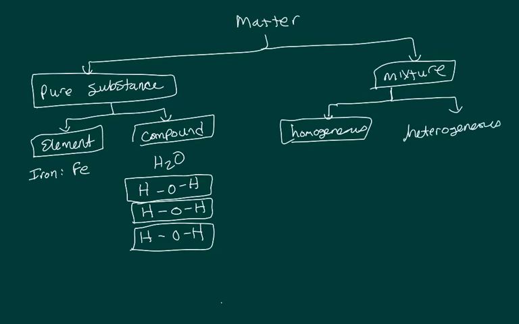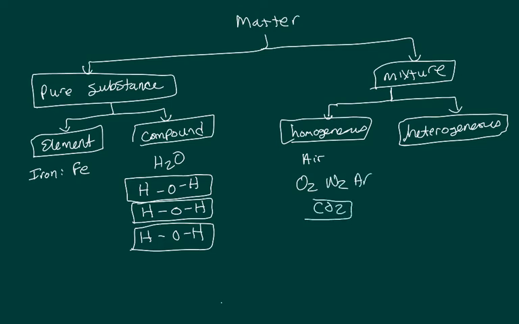Homogeneous mixtures are the same throughout, which means that, for example, in air, we have a combination of different compounds and elements. So we could have oxygen, nitrogen, argon, carbon dioxide. As you can see, each of these is either an element or a compound, but we have a mixture of those. But it is a homogeneous mixture.